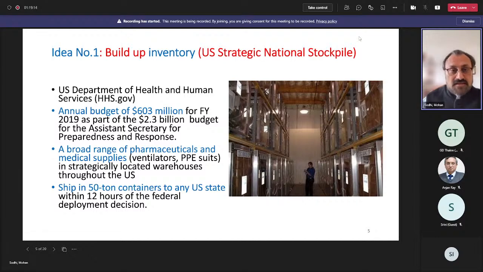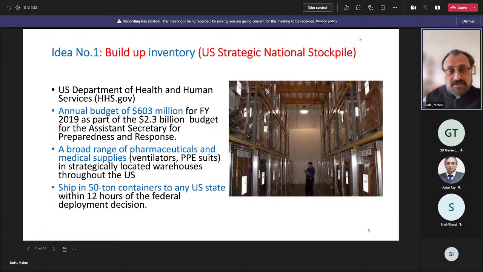Ventilators, particularly, are an expensive piece of equipment. The budget, for example, for 2019 was 600 million, and it covers a broad range of different medicines, pharmaceuticals, PPE suits. They are stored in warehouses.